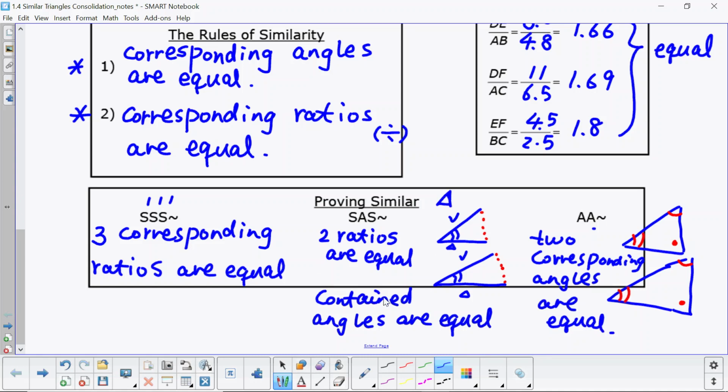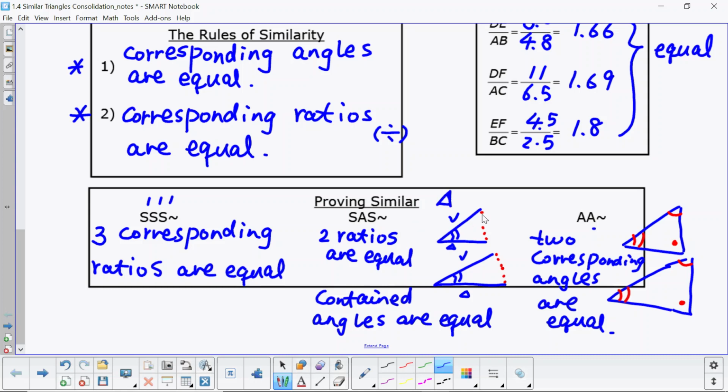So the first page has covered everything you need to know for today's lesson. Today you need to know the rules of similarity: corresponding angles are equal, corresponding ratios are equal, and how you could prove two triangles are similar. One is you measure the three sides, divide the corresponding sides, and if the division values are equal, then the two triangles are similar.